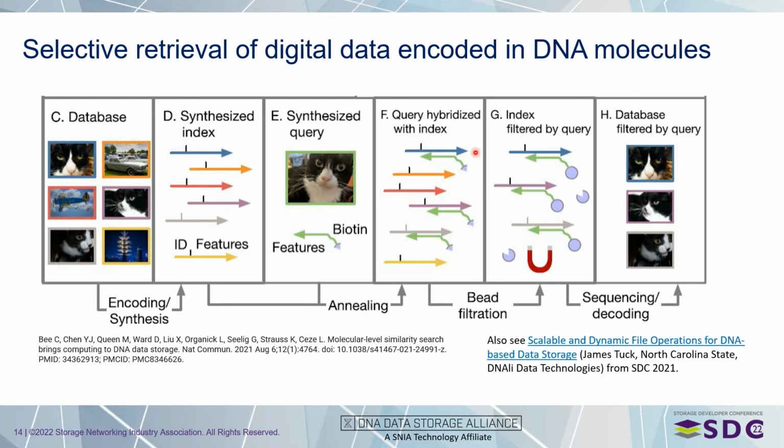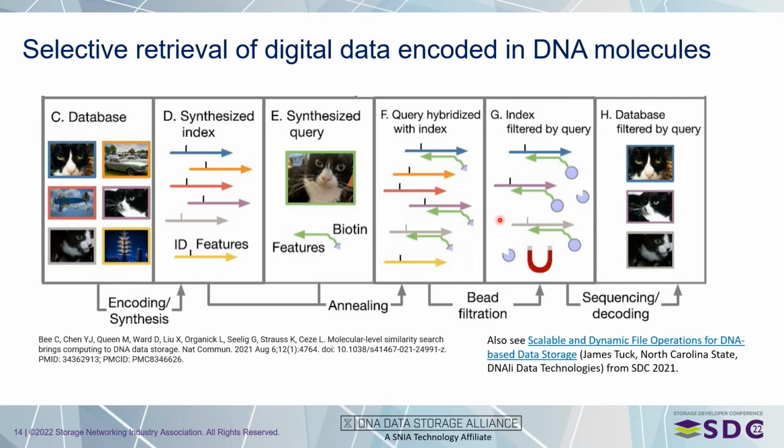So then when you put the query oligo in the presence of the index oligos, they will bind by hybridization. That is, the A's and the affinity of the bases, they will bind. And then that's where this biotin tag comes in.